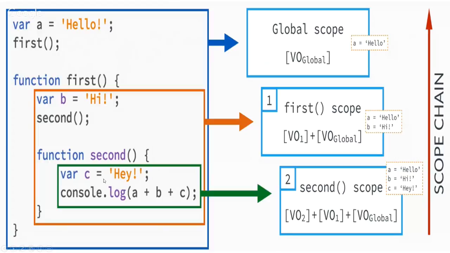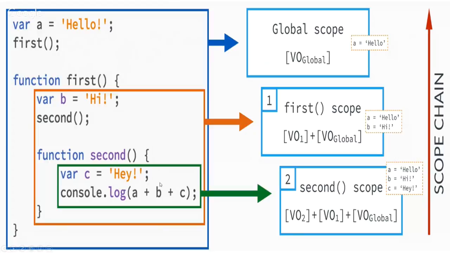However, due to lexical scoping, this function now has access to the scope of the function in which it sits lexically. And that's the first function here. So whatever variables are declared in the first function are accessible in the second function as well.